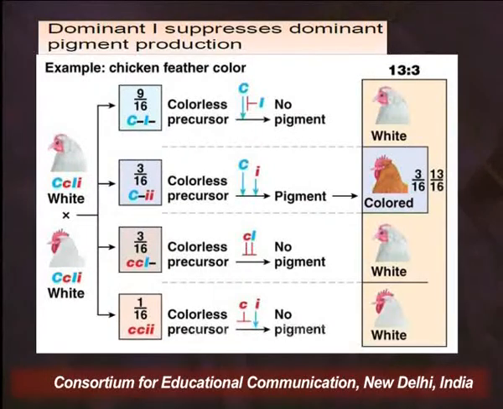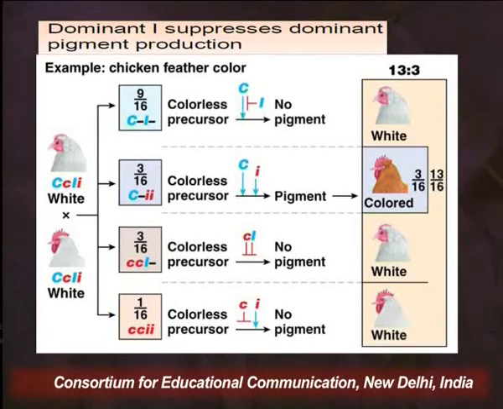So, this ratio becomes 13:3. If we were to explain this whole concept again on a biochemical basis, we would find that a situation of capital C having just its own presence, we would have no pigment at all because capital I is present.